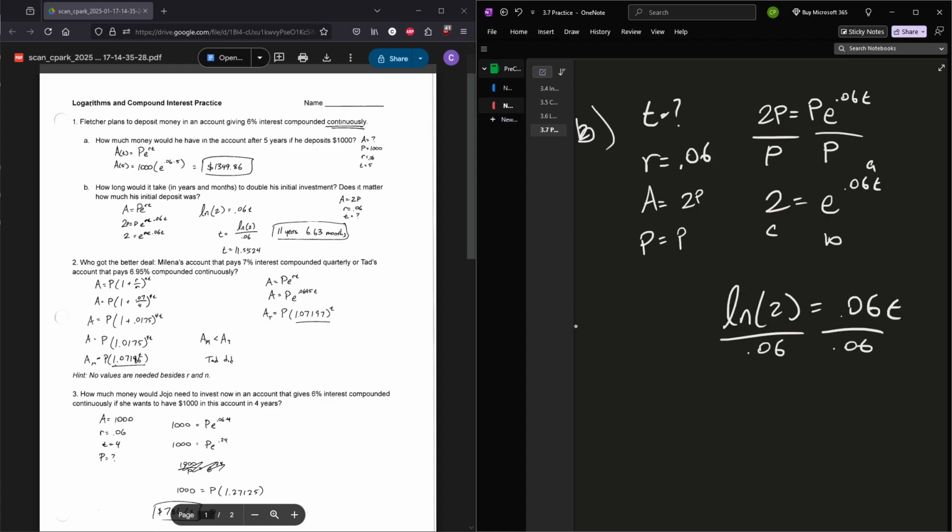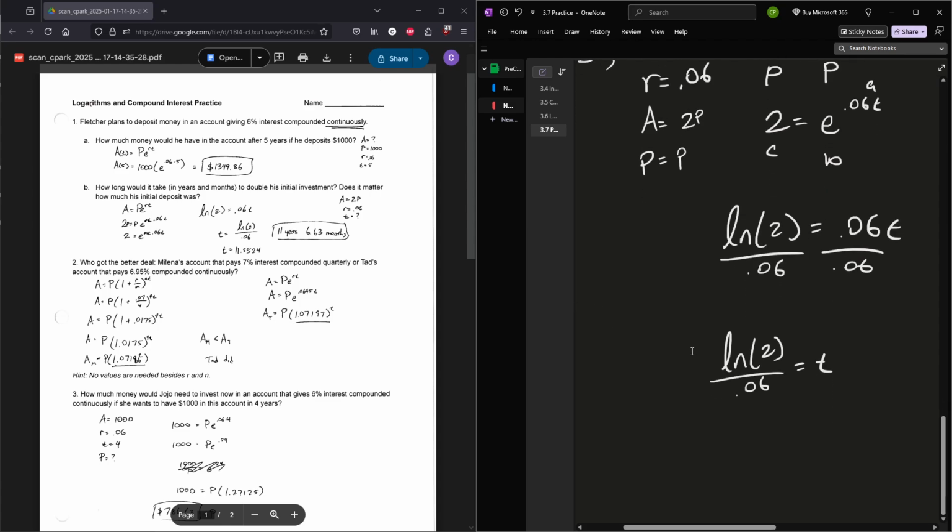And this 0.06 we're dividing applies to ln of 2, not just to 2, but the entire thing. So your final result is ln of 2 over 0.06 equals T. And that gives us 11.5524, or 11 years and 6.63 months.